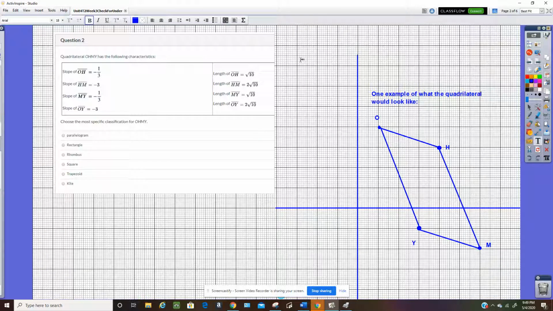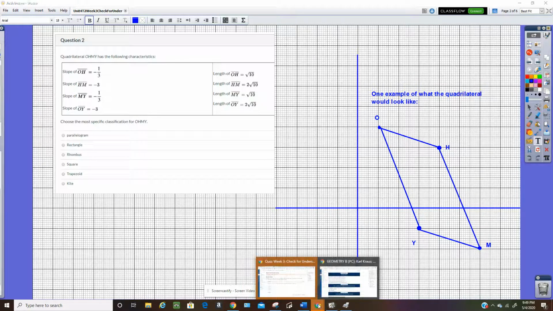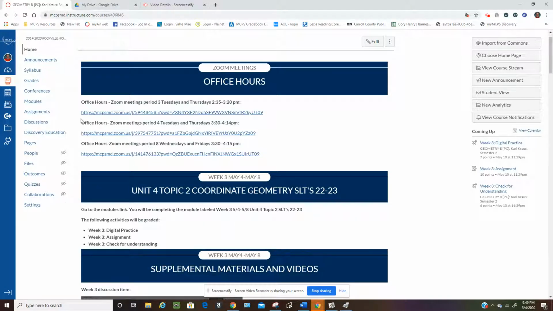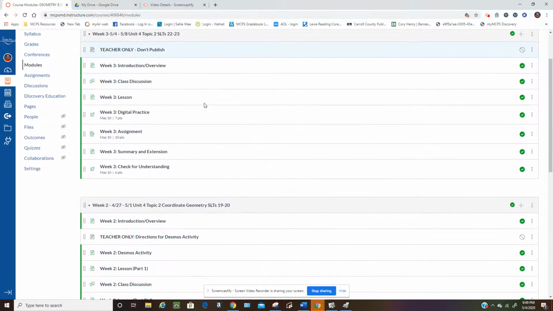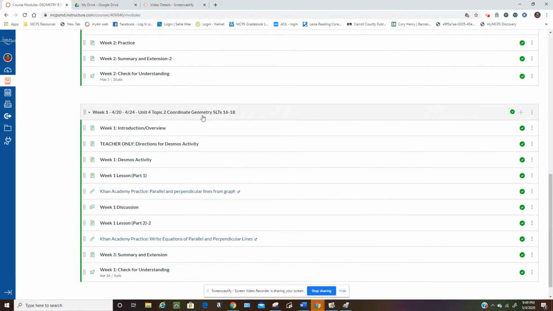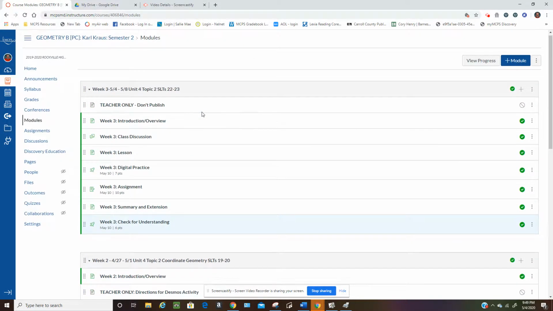You can tell that when you go to the modules; let me go to the modules right now and you'll see which ones are graded. I put each week's assignment at the top, so you can see I have these in order from week 3, week 2 to week 1.